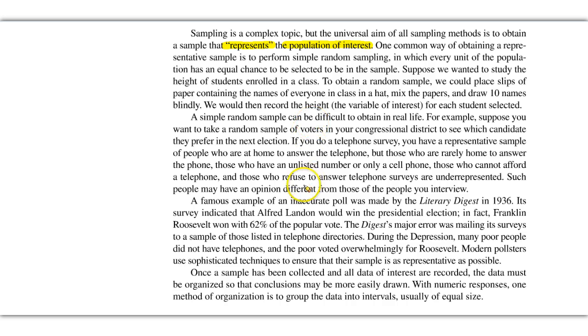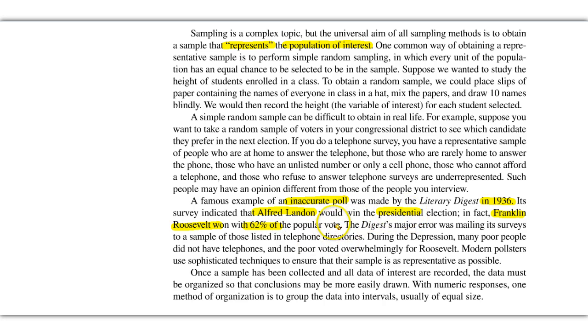But one of the big inaccurate polls that went on sometime in the past, in fact my birth year, 1936, was when they had called people and they said for sure that Alfred Landon would be the president of that election. But in fact, Franklin Delano Roosevelt won in a landslide.